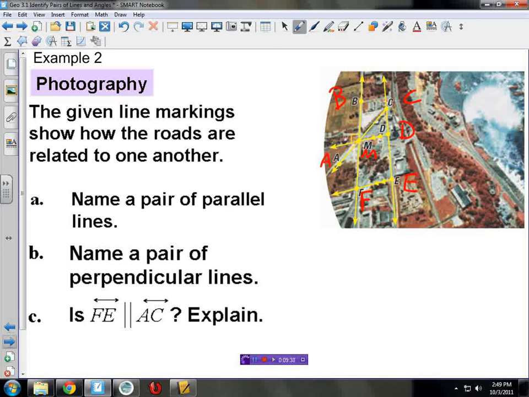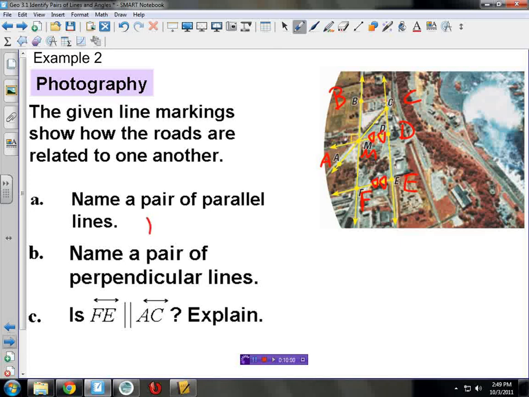We have 2 triangles on that one, 2 triangles on this one. All right, that looks like everything you guys need to see. Pair of parallel lines. Which ones are parallel?